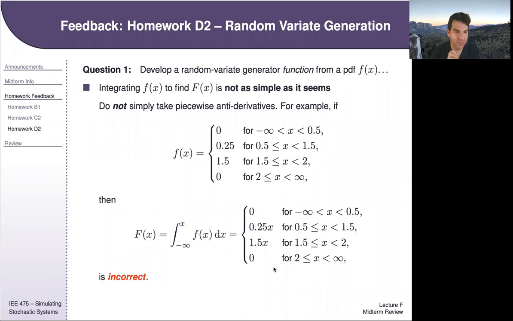With that homework D2, these piecewise functions are tricky to deal with. Use the properties of the CDF to tell you if you've done something wrong. Your CDF has got to start at 0 and it's got to end at 1. If it's not ending at 1, like this CDF, then you've done something wrong.